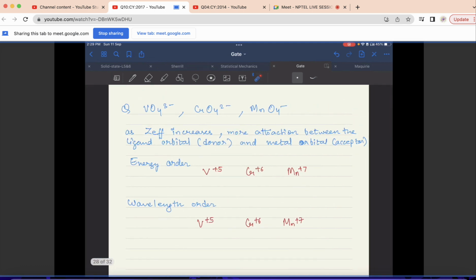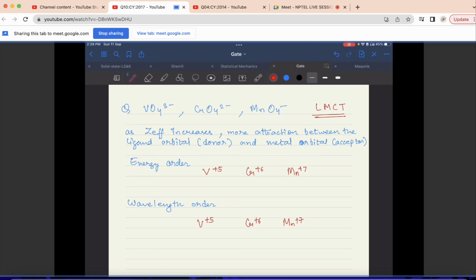So coming to our question, which asked that for these given complexes, we should find out the order of the wavelength of the transition for the LMCT. So we have to find the wavelength of the given transition.